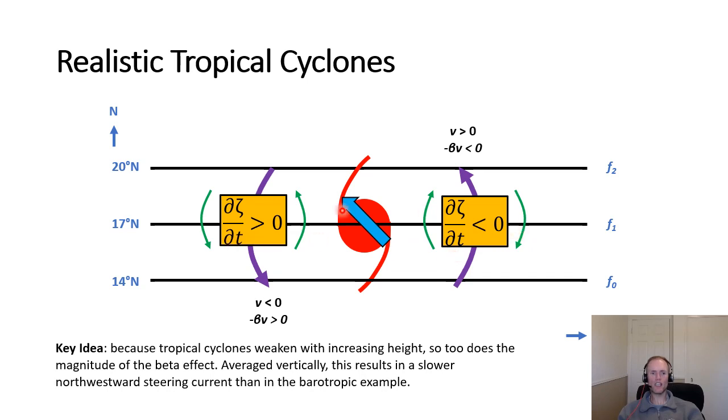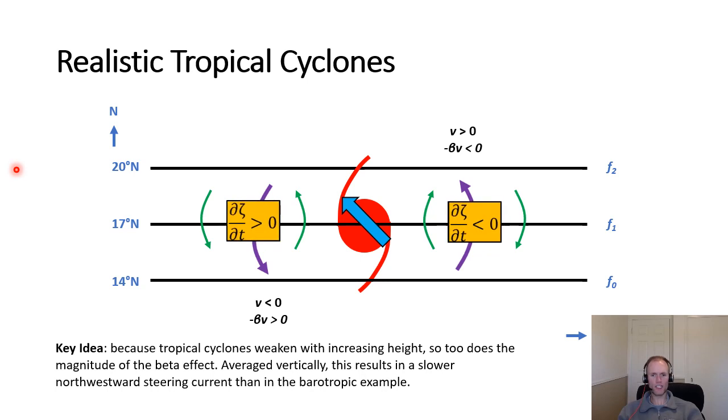So what you see here might be appropriate for the surface, but as you go to higher altitudes, that steering flow around the cyclone becomes weaker, the vorticity tendencies become weaker, the associated flows become weaker, and consequently the component of steering toward the northwest becomes smaller.